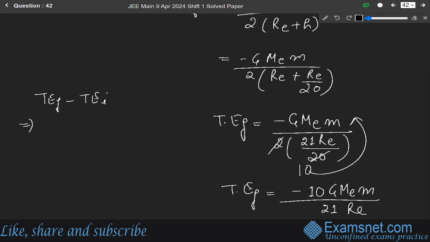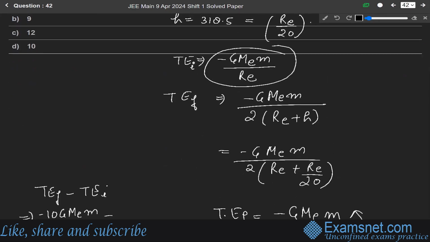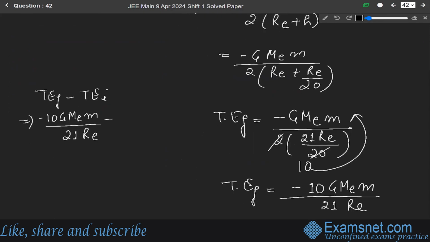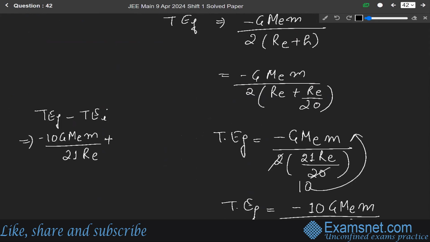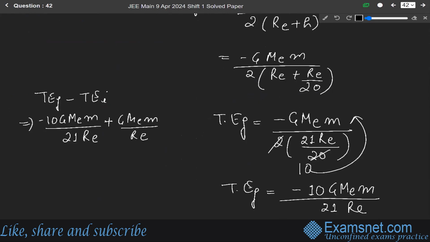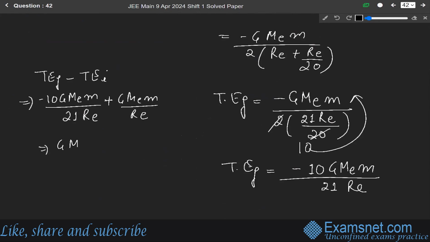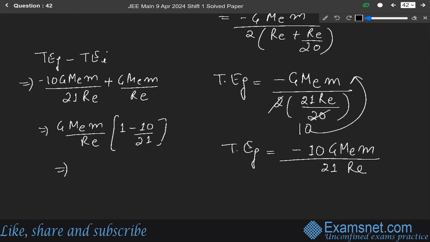Final is minus 10 G M_E m over 21 R_E, and the initial is minus G M_E m over R_E, so minus minus will become plus G M_E m over R_E. Taking G M_E m over R_E common, we get 1 minus 10 over 21, so 21 minus 10 is 11.